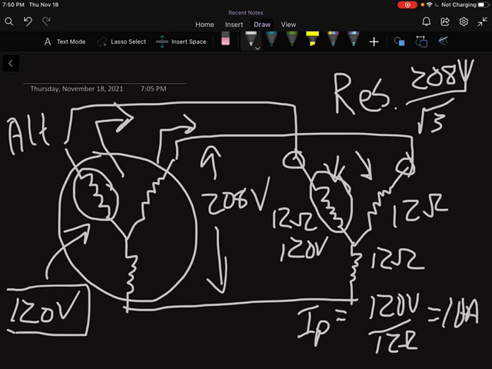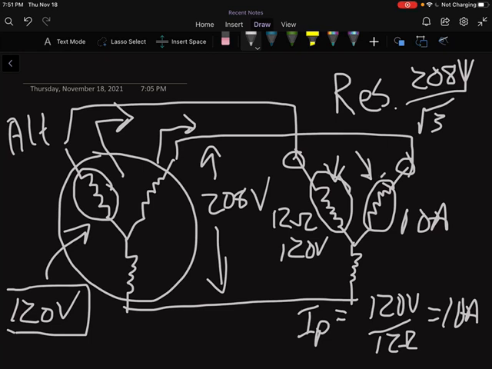So 10 amps. So let's erase some of the other stuff here. That 10 amps would be seen in all three coils.